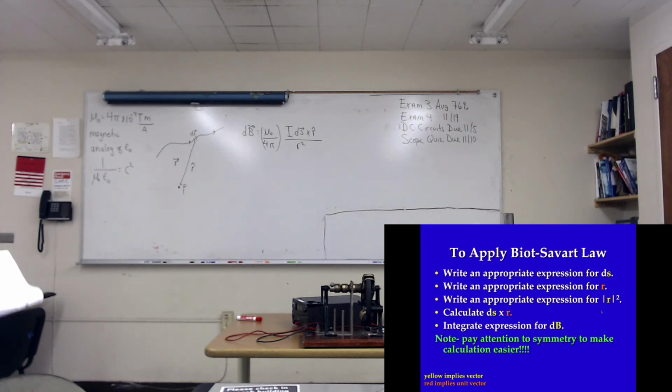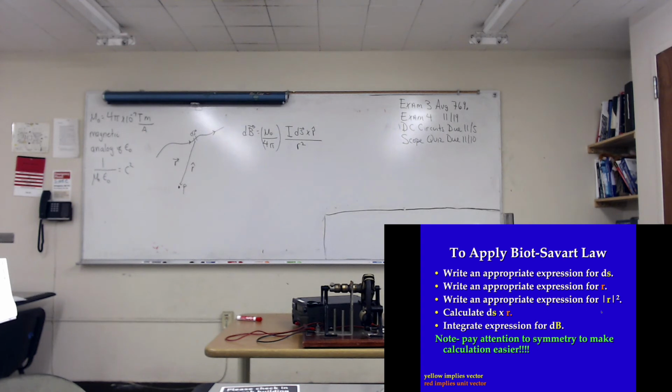You have to write an appropriate expression for r, the vector, and r hat, the unit vector that points from the ds to your point P. You have to find the magnitude of r squared. You have to calculate the cross product ds cross r, and then you have to integrate dB.